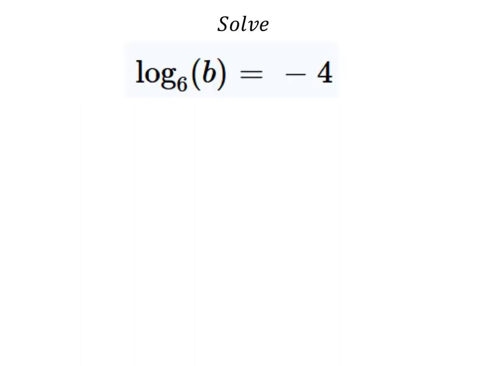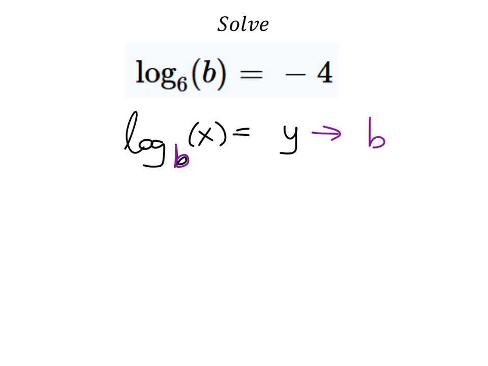But again, this one would be the x value. So this is log base b of x equals y. Now they're using b as the variable here, not as the base. If we were to change this into exponential form, our base value is the base, to the power of y, and then it equals this x value, which in this case is the unknown that we're looking for.